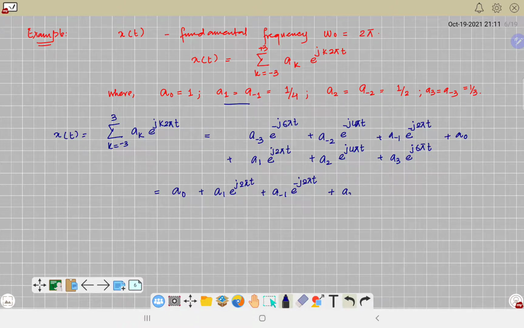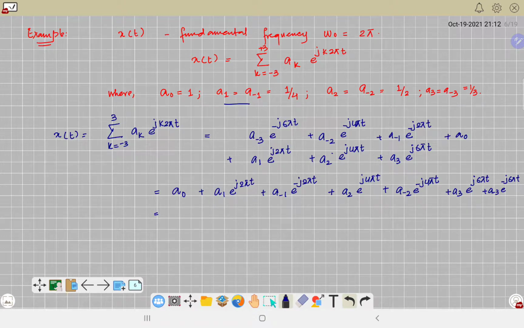Fine. Then a2 e raised power j 4 pi t plus a minus 2 e raised power minus j 4 pi t. And then I will have a3 e raised power j 6 pi t and a minus 3 e raised power minus j 6 pi t.